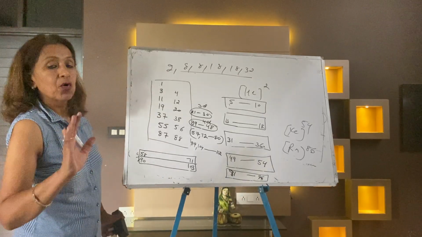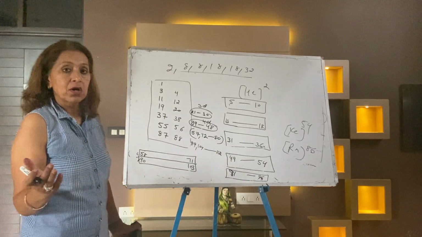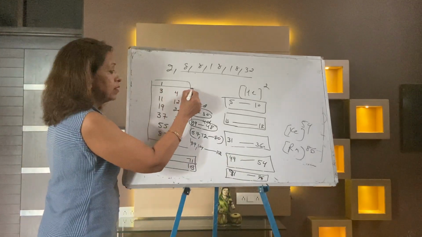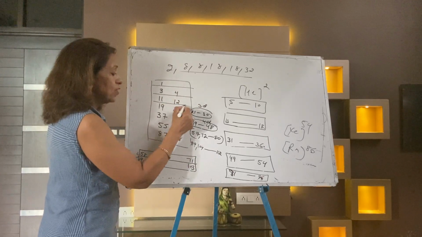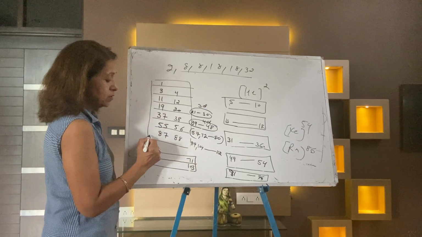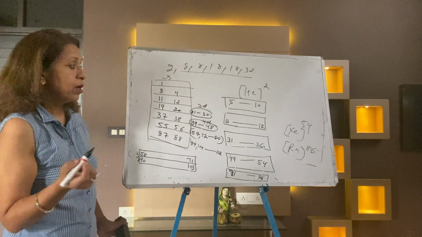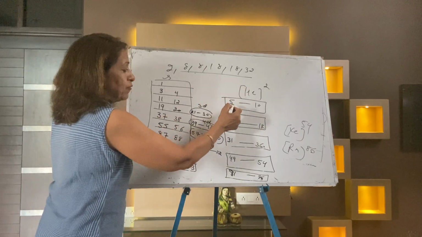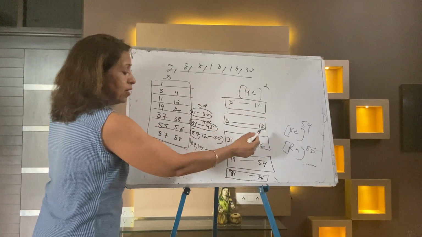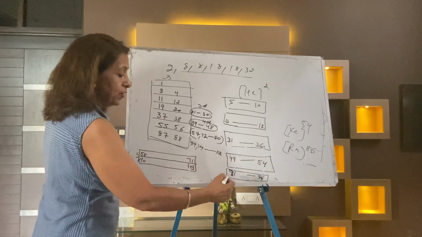Or you may write it now in an easy way. S block, atomic number 1, 3, 4, 11, 12, 19, 20, 37, 38, 55, 56, 87, 88. This is S block. And what is P block? P block is 2, 5 to 10, 13 to 18, 31 to 36, 49 to 54, 81 to 86.